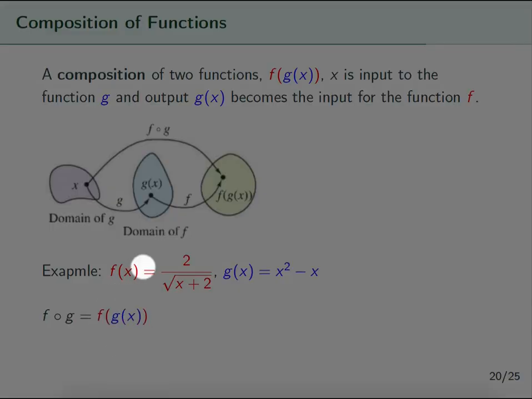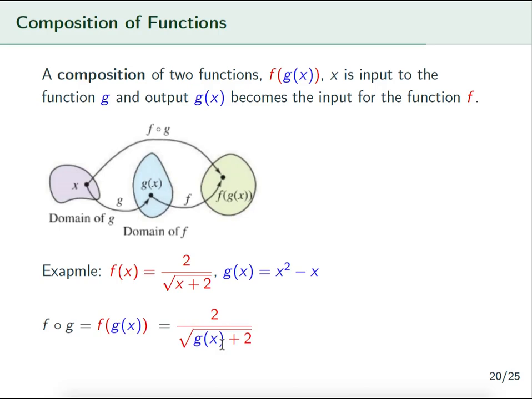So right here, the function f of x is defined to be 2 over square root of x plus 2. Remember, x is the input quantity. So right here, instead of x, for this entire thing, f of g of x, I'm going to insert g of x as an input. So in this equation, instead of x right here, I'm going to insert g of x.